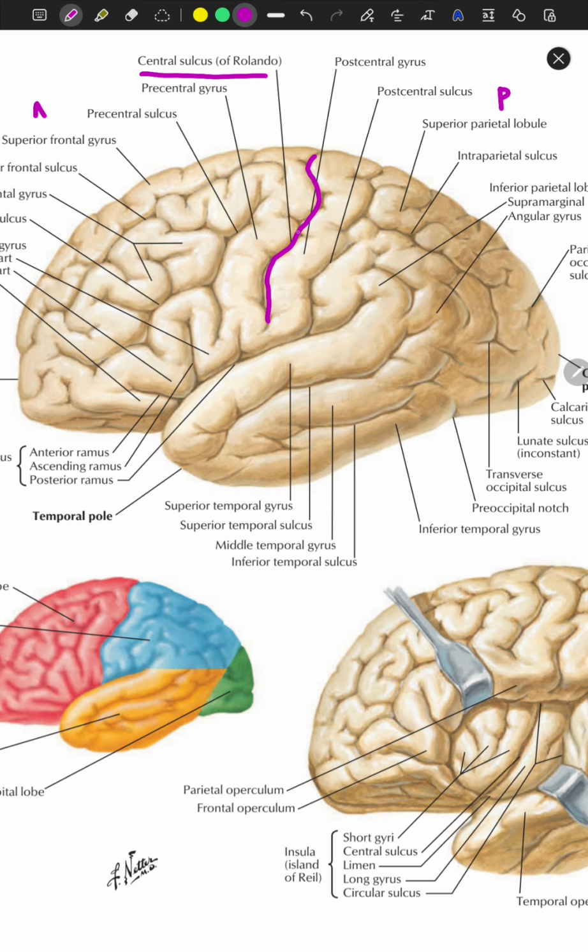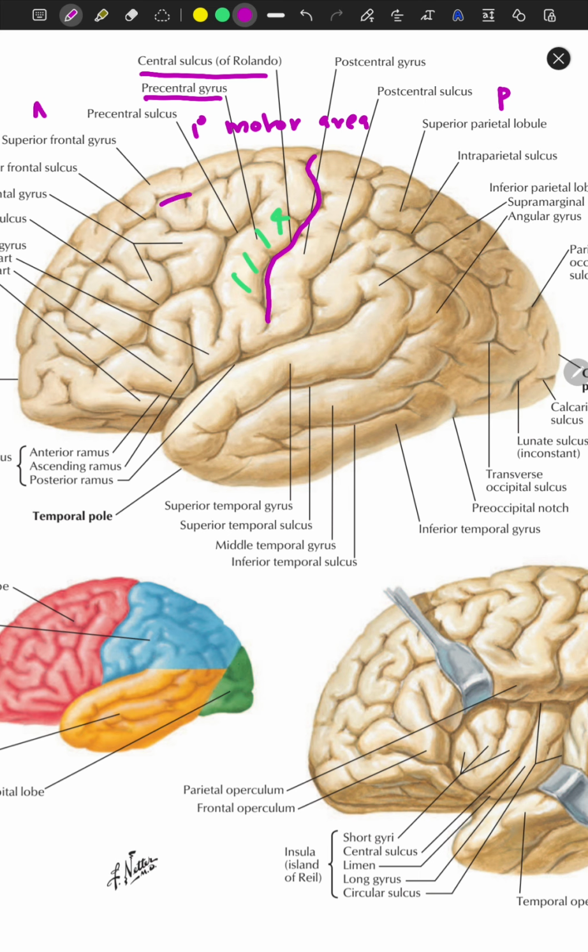In front is the precentral gyrus, area number 4. This precentral gyrus is the primary motor area.